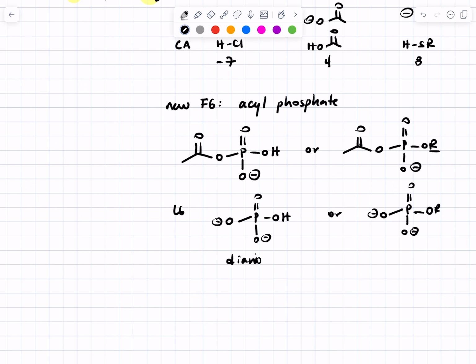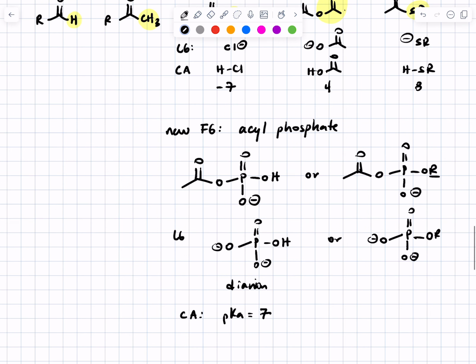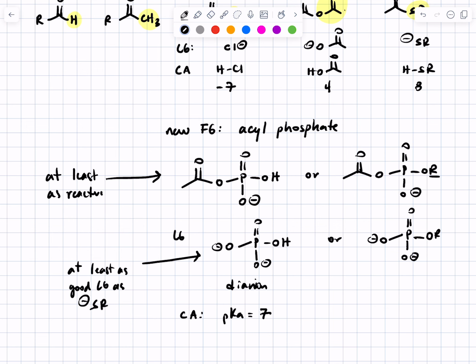And though I'm not going to draw the conjugate acid, because we've drawn it above, the conjugate acid has a pKa of 7. What that means is that this phosphate group is at least as good a leaving group as the thiolate, which means the acyl phosphate is at least as reactive as a thioester.